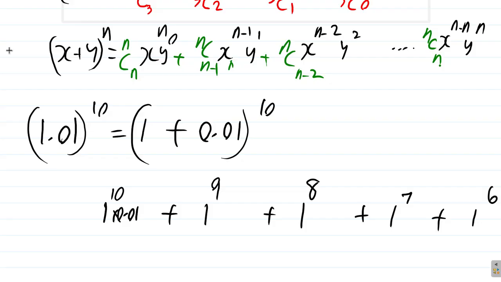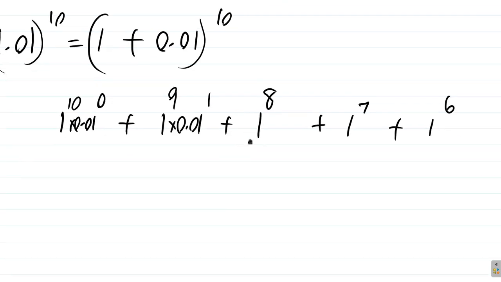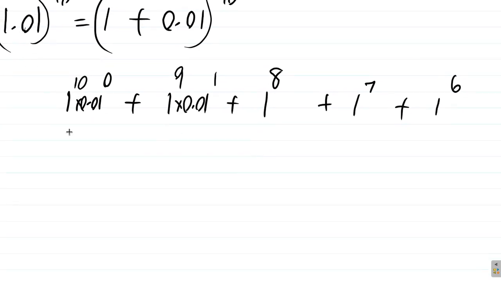So it's 0.01 to the 0, then 0.01 to the 1. This is the 1 to the 10 times 0.01 to the 0.